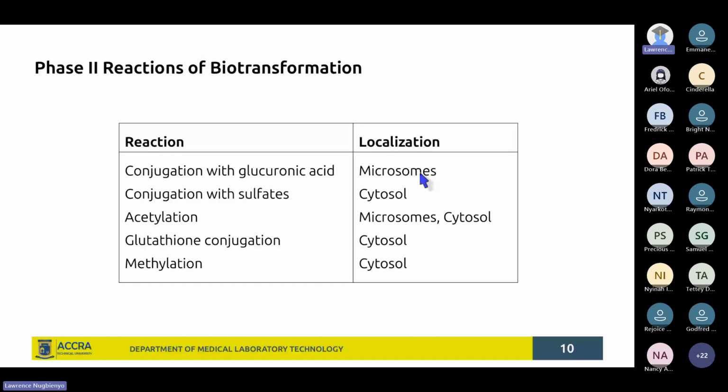And then the second phase is conjugation. All these reactions that we are talking about as phase two reactions are all conjugation. That is binding of two or more molecules to have a bigger molecule. And the purpose for that is to convert a hydrophobic substance into a hydrophilic substance in order for it to be transported freely in the aqueous medium and at the same time get excreted easily out of the body.